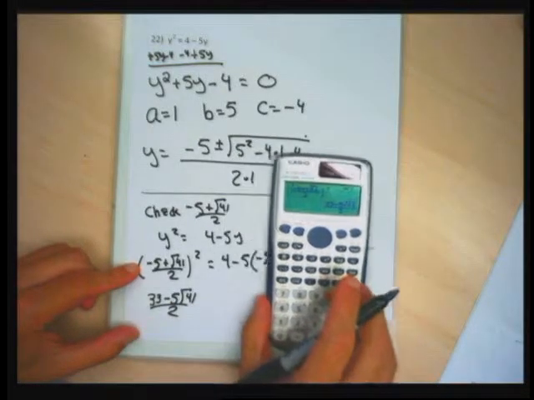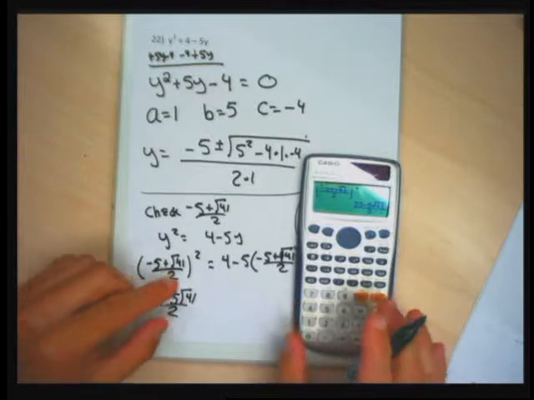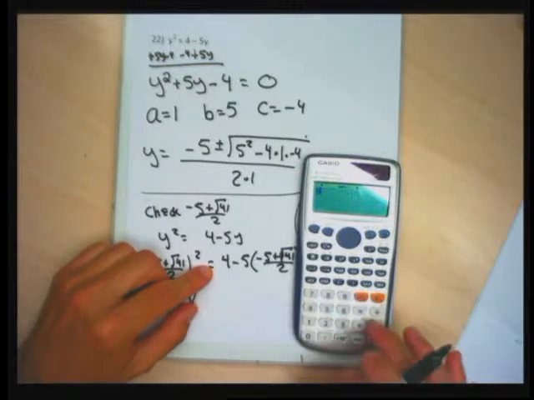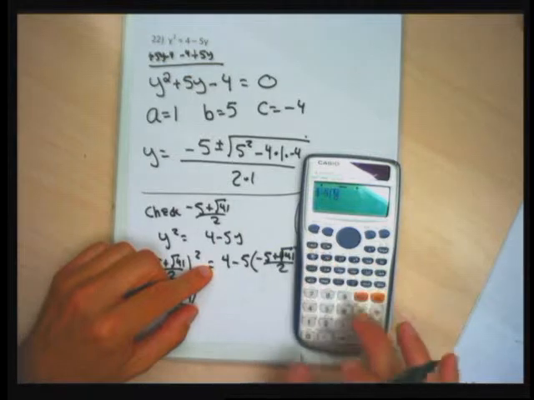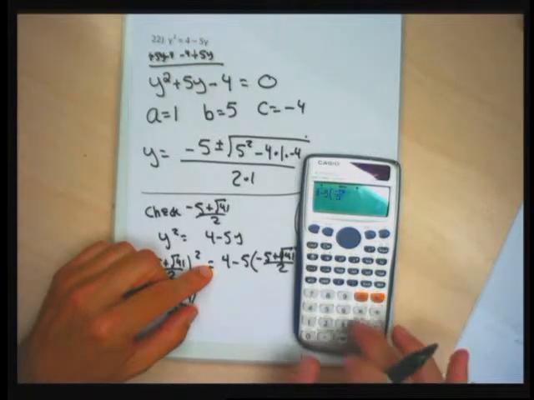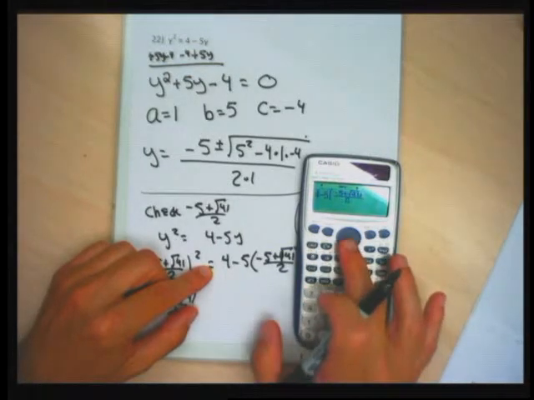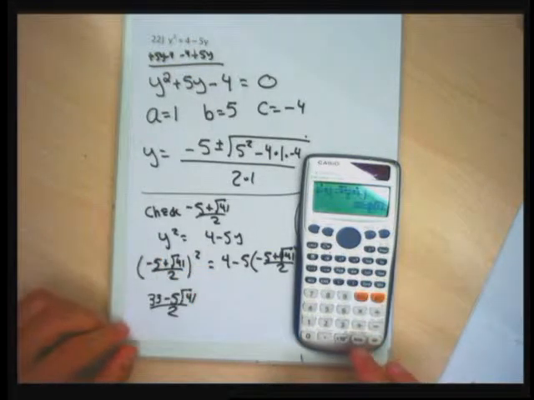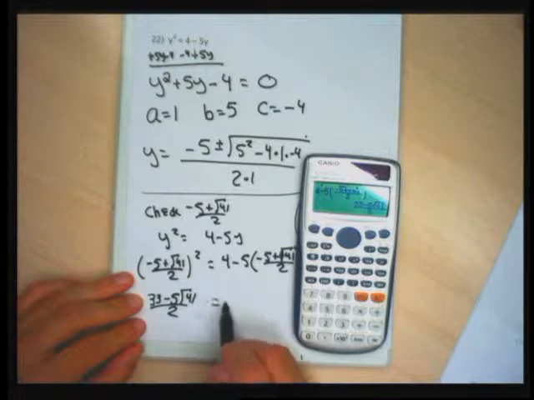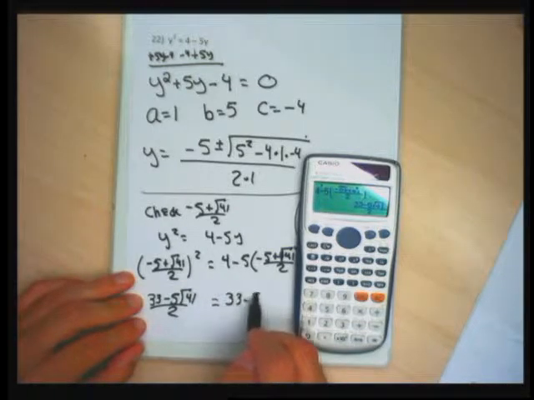I'm going to work on the other side. On the other side, I'm going to go 4 minus 5 times negative 5 plus the square root of 41 over 2, and I get, beautiful, 33 minus 5 square root of 41 over 2.